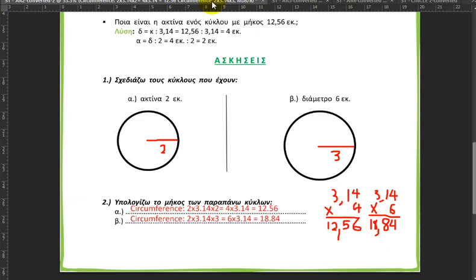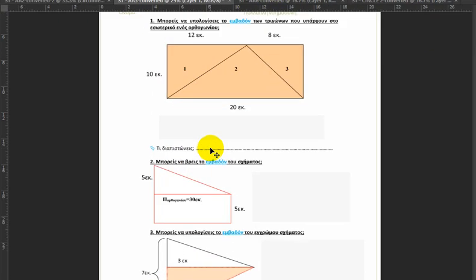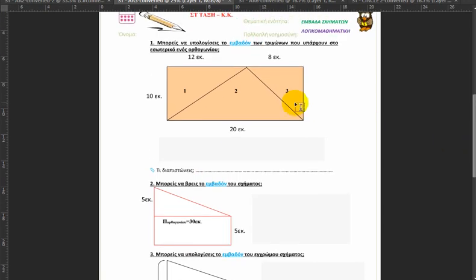There we go. Next up, next exercise. We want to find the area of each triangle, right? Okay. So let's start with the easy ones.